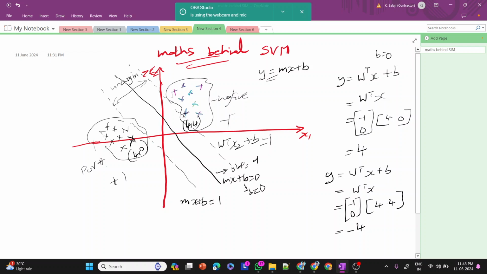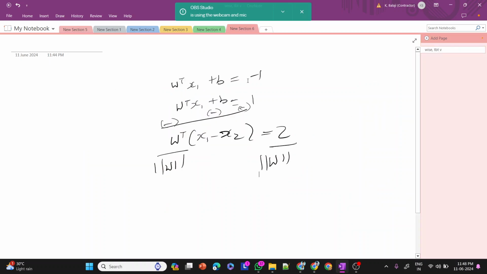Whenever we get a negative value for a point, we consider -1, and whenever we get an output of +1 for a point, we consider it as +1. We can write this condition in this form.